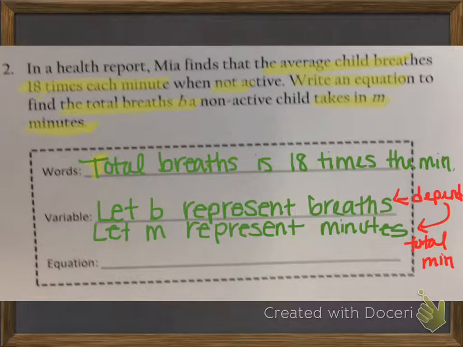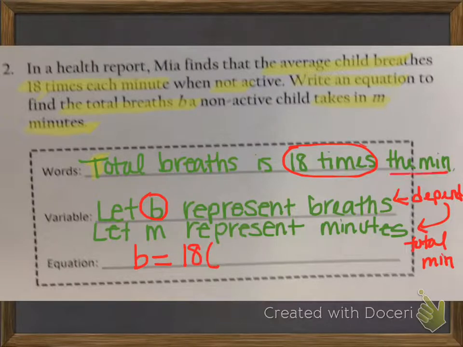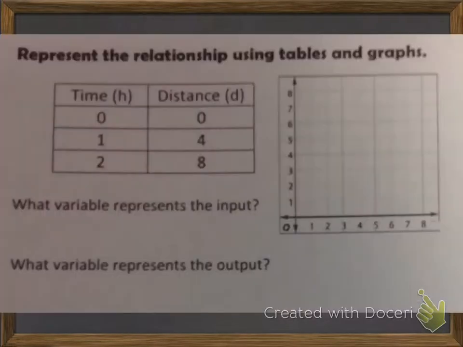Therefore, the dependent is going to equal, so B equals, remember we said 18 times the total minutes. So 18 times the minutes is our equation. B equals 18 times M.